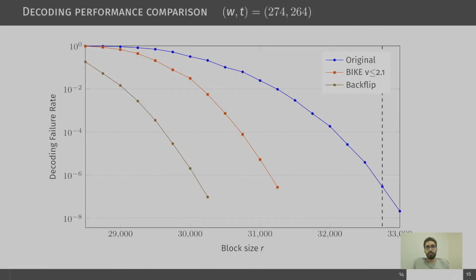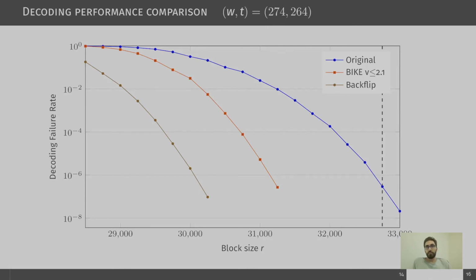So to show the performance of this algorithm, we compare it in this figure with two other decoding algorithms. The first one is the original bit flipping algorithm, and the other one is the one-round decoding algorithm from earlier versions of BIKE.